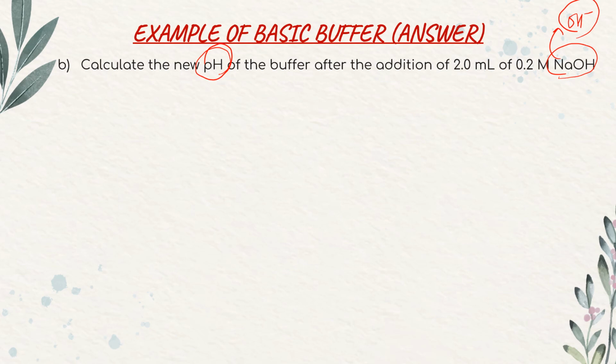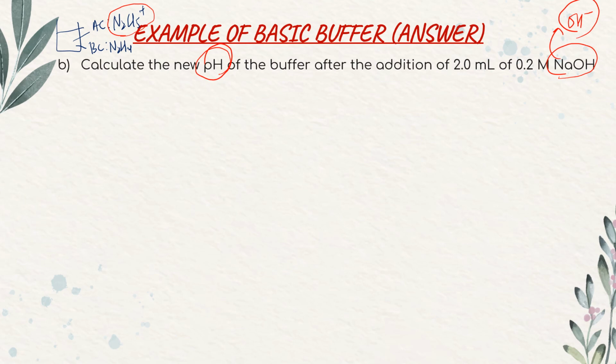As you know, we have the acid component, N2H5 plus, and the basic component, N2H4. Since what we added is a base, the base will be neutralized by the acid component here. So what will neutralize the OH minus is N2H5 plus.